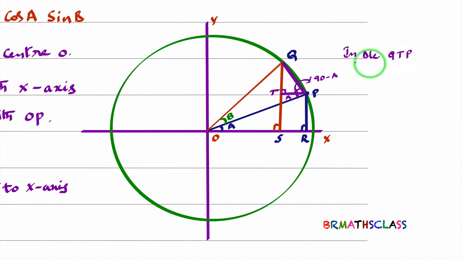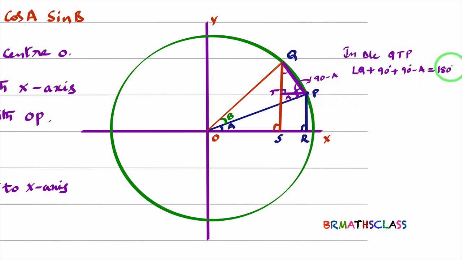Now you see in this triangle QTP, I want to calculate this angle Q. Angle Q plus this angle T, which is 90 degrees, plus this angle P, which is 90 degrees minus A, is equal to the sum of all angles in a triangle, 180 degrees.